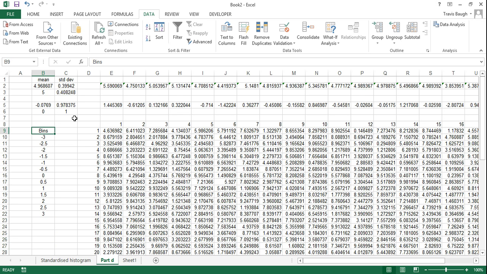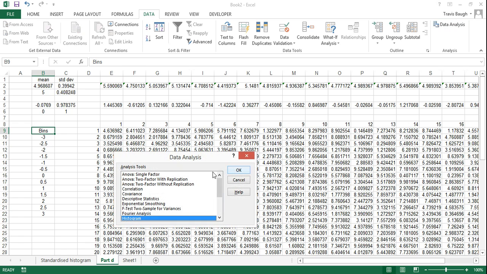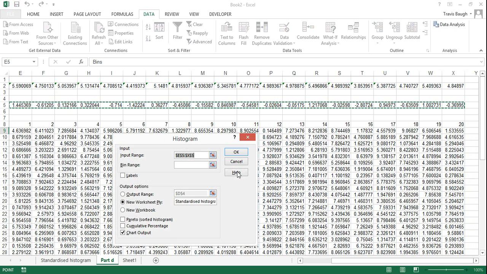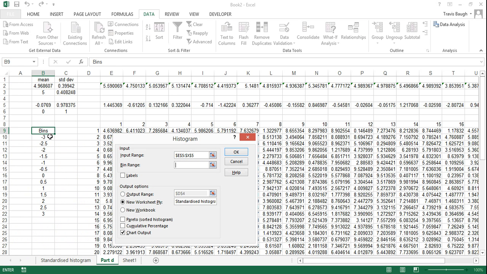Let's draw a histogram for that. Same input range. The bin range I'm now going to manually select, and it's going to be these ones. I've left out the bin's head label because I didn't have a label for the X values that I was wanting to graph.